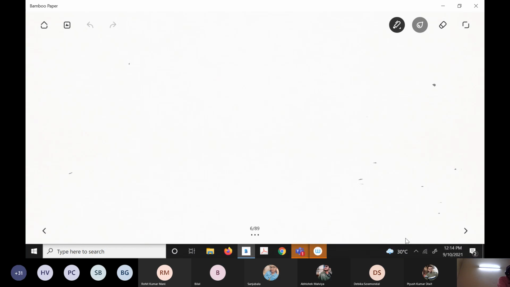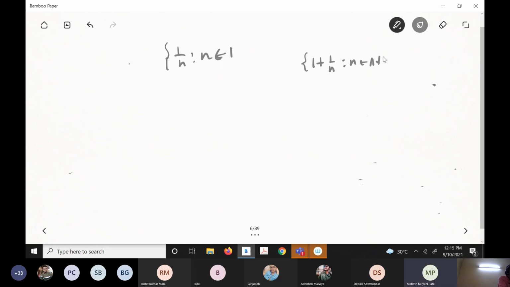But where is 0? It should be closed. Take just 1 by n, it is not closed. So A is 1 plus 1 by n union 1, and take B equal to minus 1.